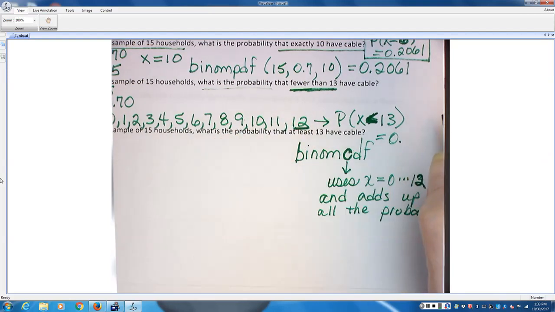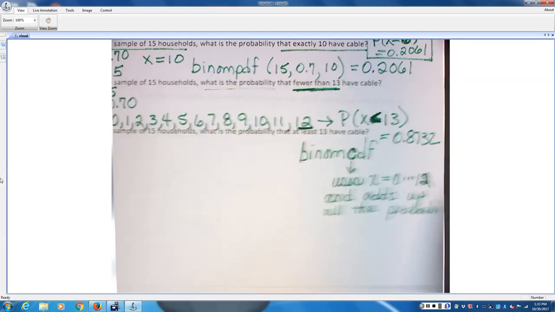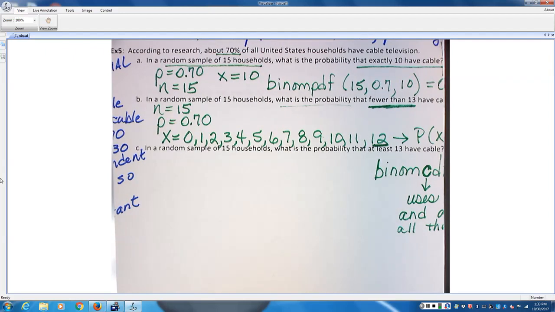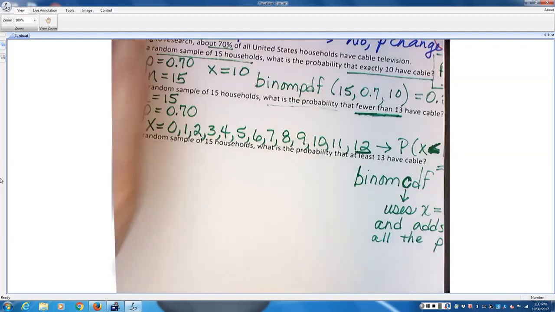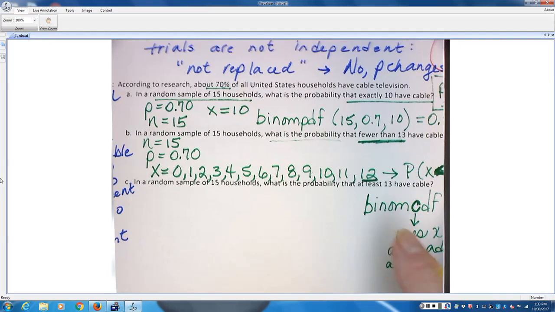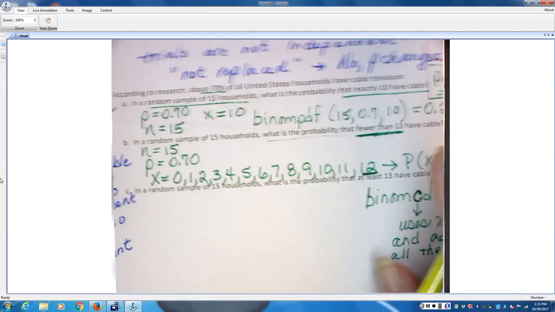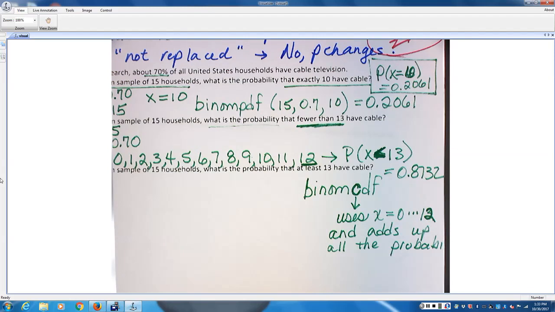This one was 0.8732. Now, the next one sounds very, very similar. 0.8732, regardless of which way we did it.